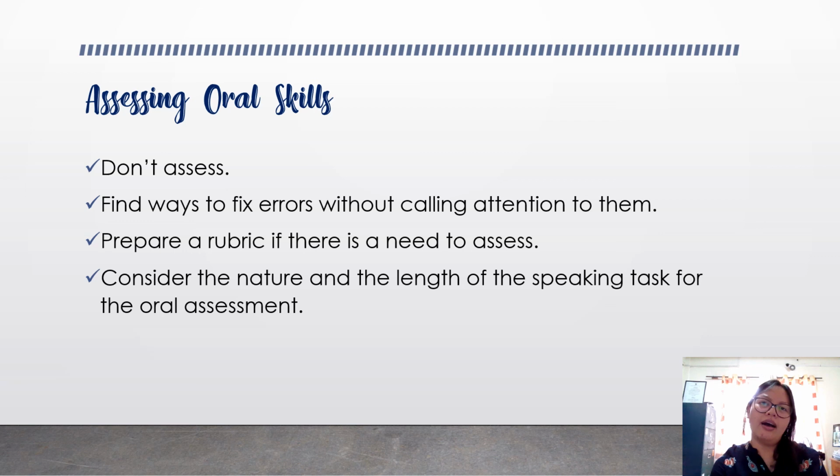A very detailed rubric would be good for, let's say, a 30-minute to 1-hour presentation. So the nature and the length of the speaking task should be considered when creating your rubric.